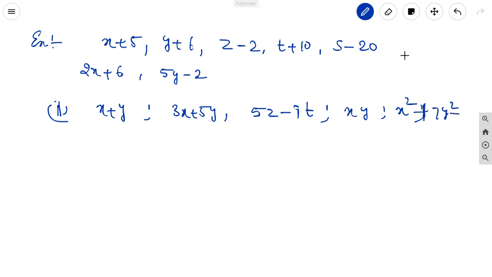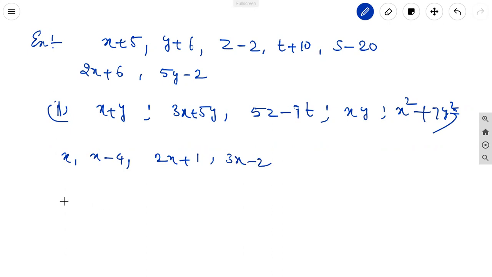Suppose xy, and another one is x squared plus 7y squared. We just check whether the expression has two variables or one variable, we just count it. If it has two variables, then the expression is said to be a two variable expression.